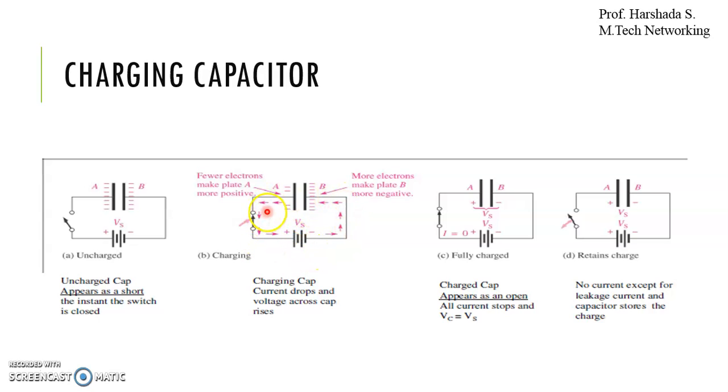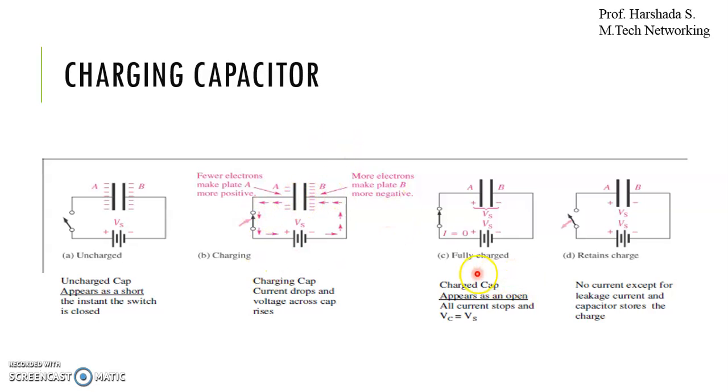Electrons move from the A plate to the B plate. This A plate is connected to positive and the B plate to negative. So the current flows from positive to negative, and the direction of the flow of current is like this, A to B.